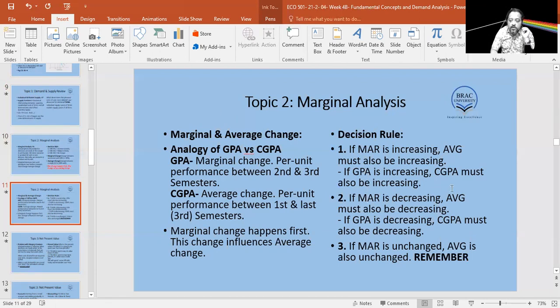So if GPA is increasing, CGPA must also be increasing. If it's falling, it's falling. If it remains unchanged, it remains unchanged. Now, economic analysis, this marginal concept was developed in the latter half of the 19th century, in the 1860s. It was revolutionary at the time. But like any other method, it has its problems.